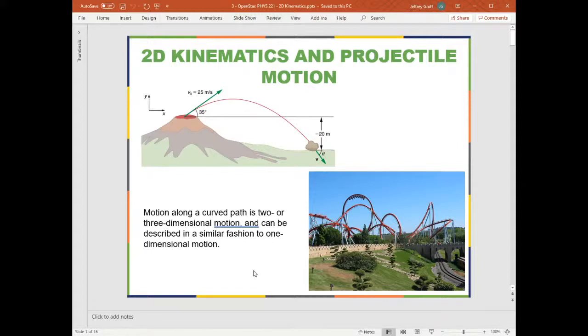And projectile motion is really 3-dimensional motion because projectiles move through space in 3 dimensions, but we can always kind of smush out one of the dimensions. Projectile goes up and comes back down. We can think of it as 2 dimensions along a plane that's oriented in the direction of motion. Okay.